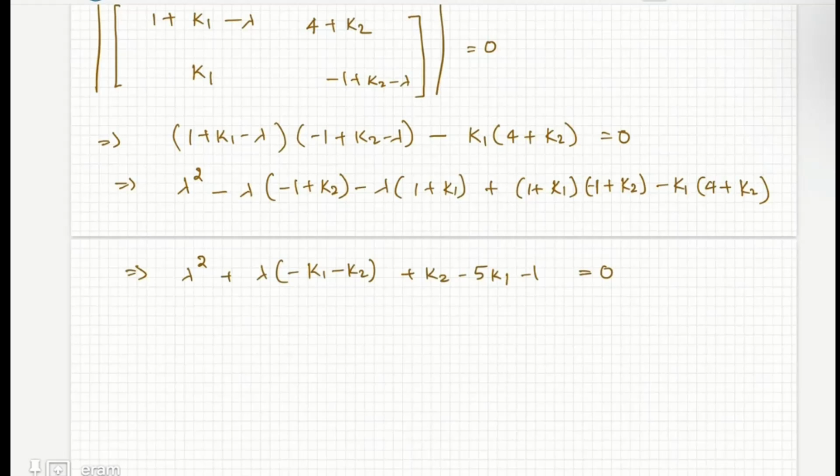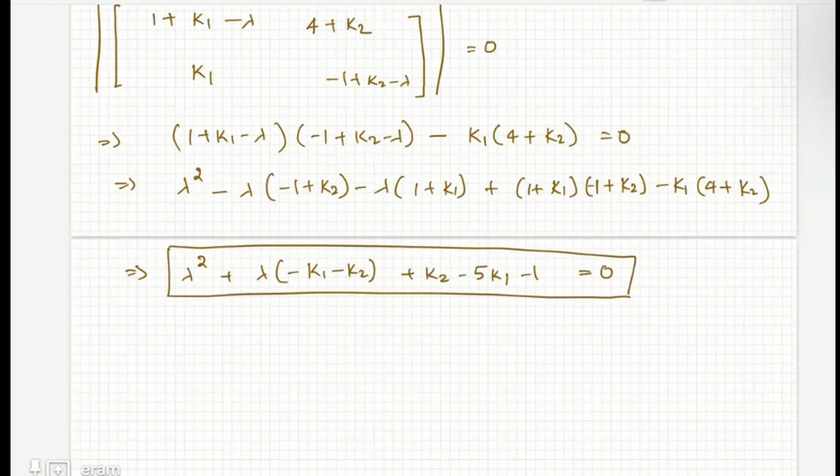Now, what is the design criteria? K1 and K2 should be designed such that A plus BK has eigenvalues -1 and -2.